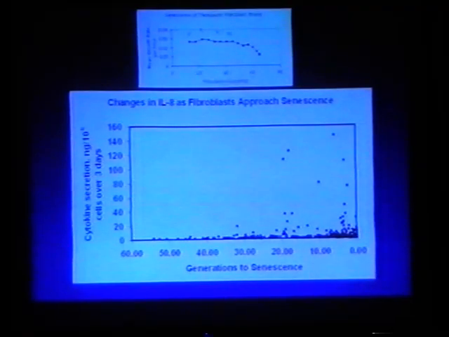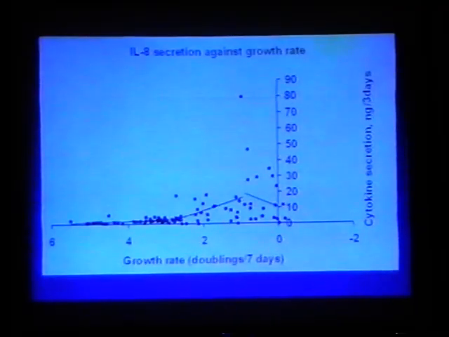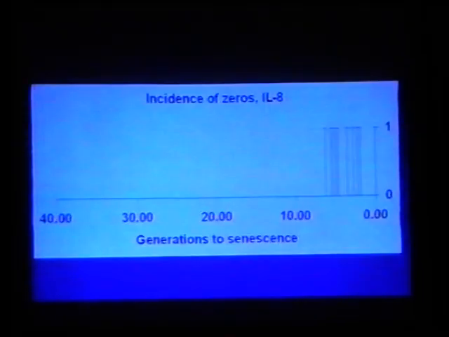And if we plot IL-8 or other cytokine production against growth rates, then we can find some correlations, but it's reasonably consistent down here while the cells are growing rapidly, but when the cells start growing slowly, you get a lot of inconsistency, a lot of variability, and eventually there's actually a drop in the production of IL-8, and we see this with IL-6 also. And we get a lot of cultures which just produce no IL-8 at all at this stage.